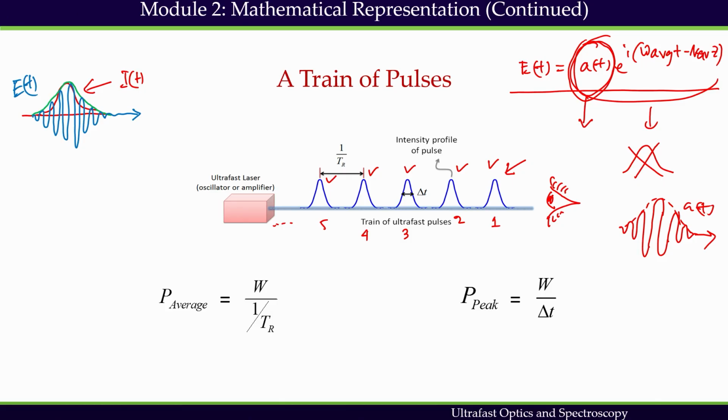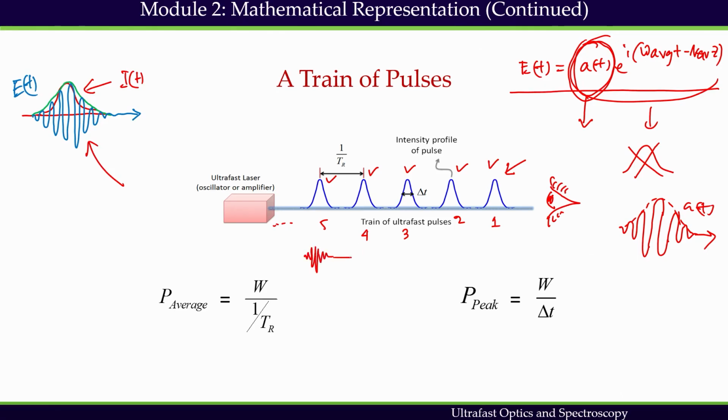However, we must note that each pulse is nothing but a localized amplitude modulated electromagnetic wave, and that each pulse represents an amplitude modulated wave like the one which we have shown here. So each pulse should actually look like this.